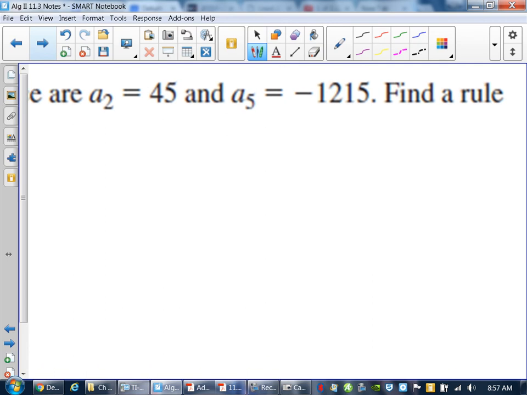For example, here are 2 terms in a sequence. One term is 45. It's the 2nd term. The other one is the 5th term, and it's negative 1215. So write out the rule twice and work through it.